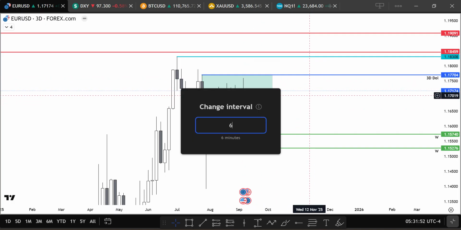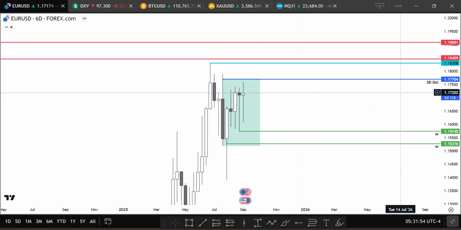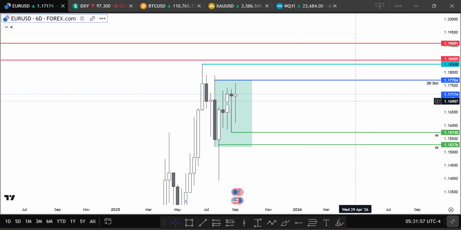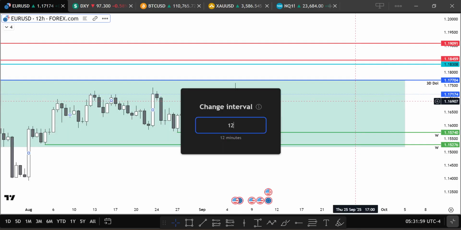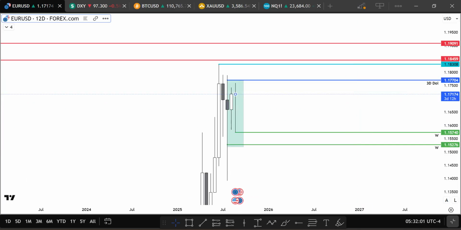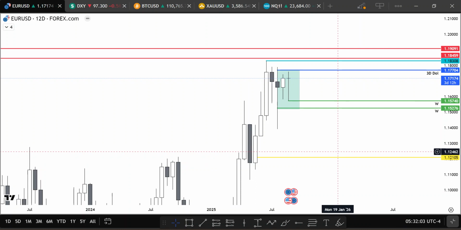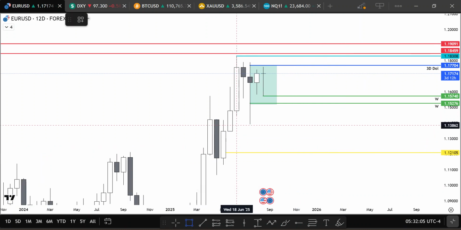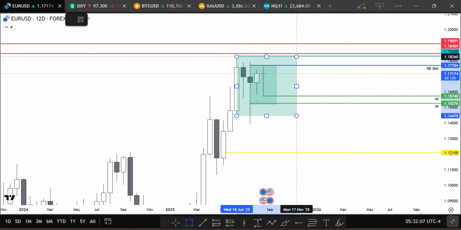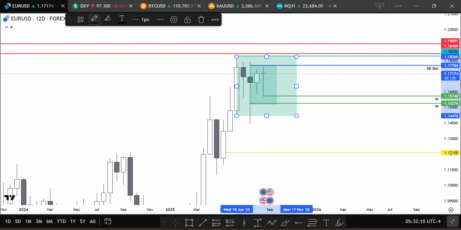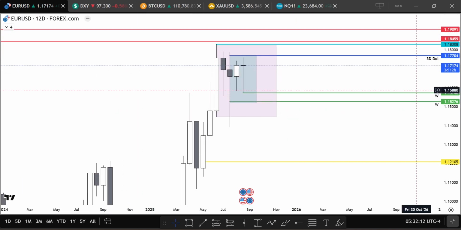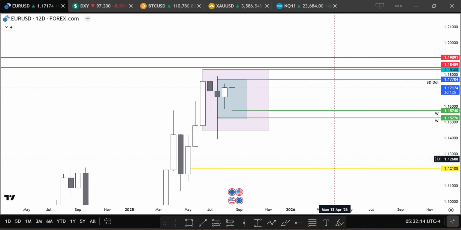And when you check the higher time frame bias, we have this range activated, right?